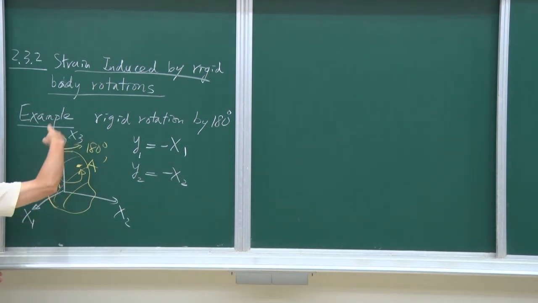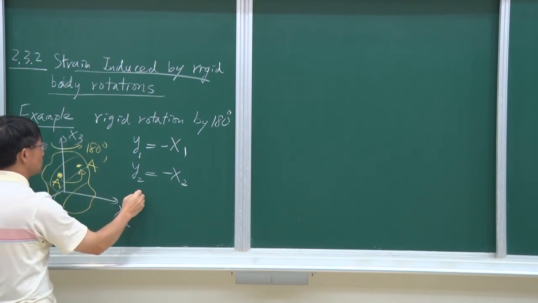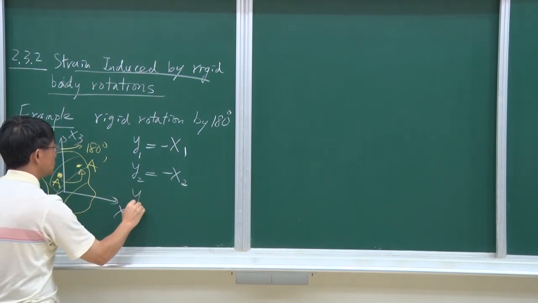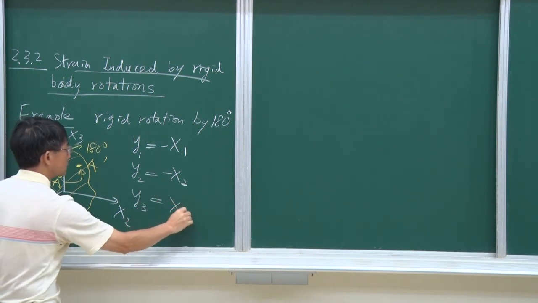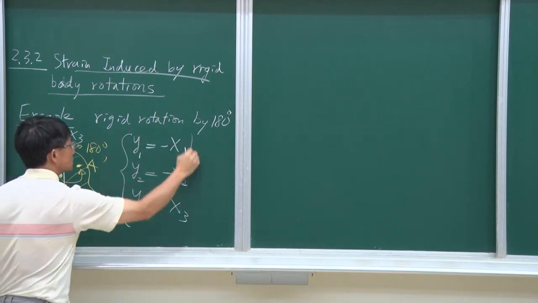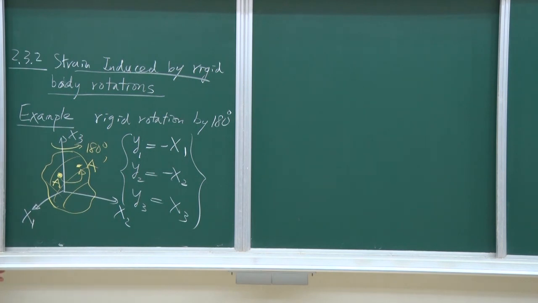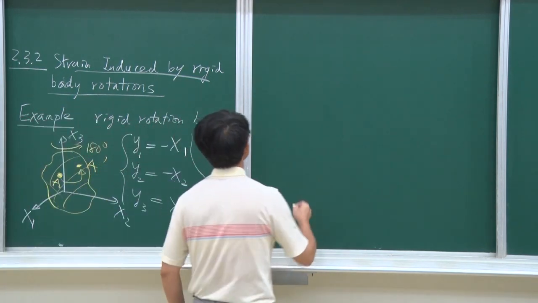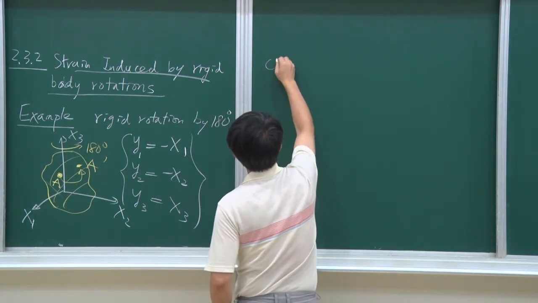But because we rotated with respect to the x3 axis, y3 equals x3. This is the mathematical formula for the rigid body rotation of 180 degrees. If you have no problem, then let us calculate the strain, the classical strain.